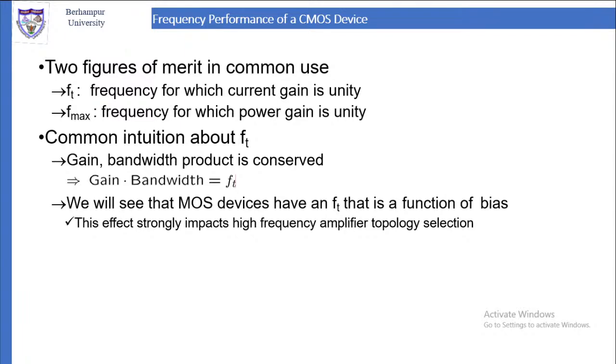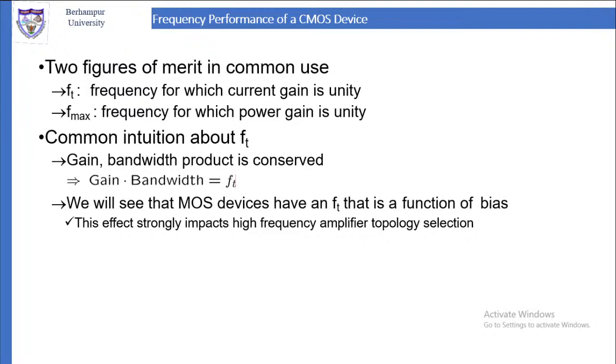Then Fmax is the frequency for which power gain is unity. So two types of gain we consider: gain in current and gain in power. The frequency at which power gain is unity is called Fmax, and the frequency at which current gain is unity is called FT.